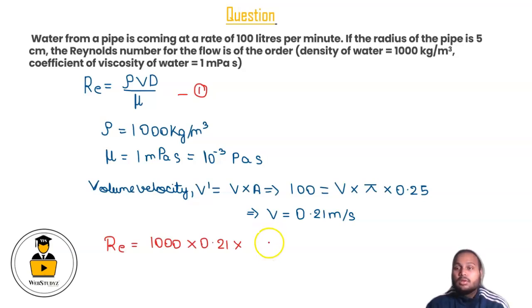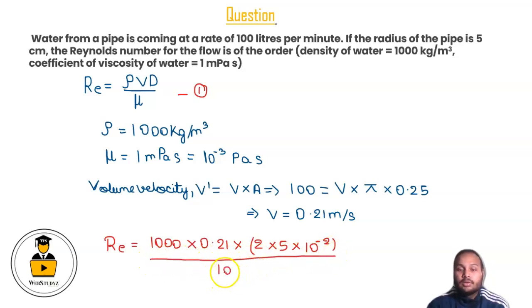The radius is 5, so the diameter is 2 into 5, multiplied by 10 to the power minus 2 to convert it into meters, divided by mu. Mu we have calculated, it is 10 to the power minus 3.